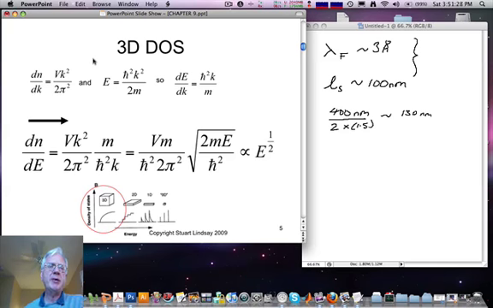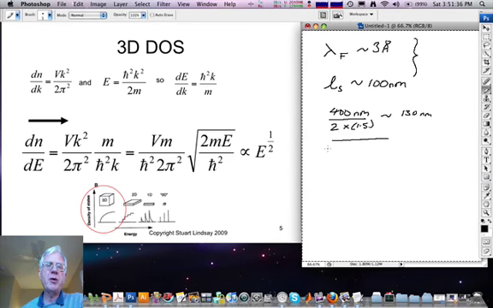So we can obtain this by multiplying dN/dk times dk/dE, inverting this result here. In this expression, I have obtained dk/dE, or dE/dk, by taking the derivative of the expression for the kinetic energy of free electrons, and then dN/dE just follows as dN/dk times dk/dE.